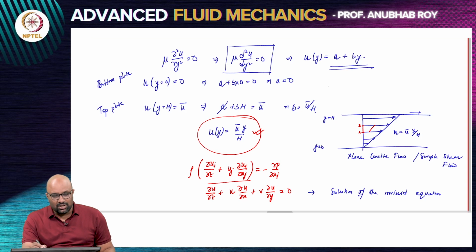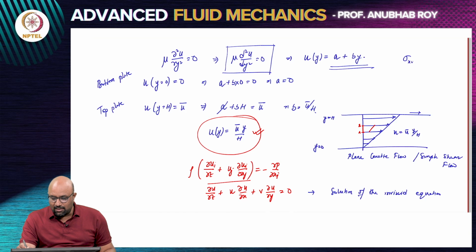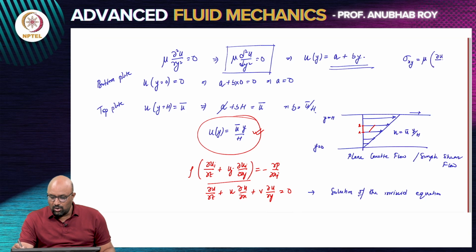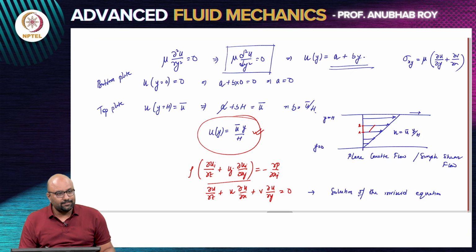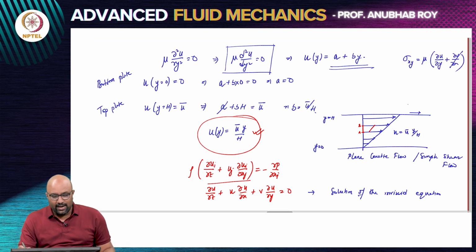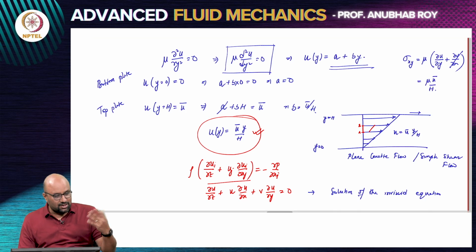So, if I write down my component of sigma xy, sigma xy will be mu times (dou u dou y plus dou v dou x). This is 0. Dou u dou y is non-zero. So, you get mu u bar by h. So, the shear stress in the entire fluid is a constant, which is why the viscous force is 0.